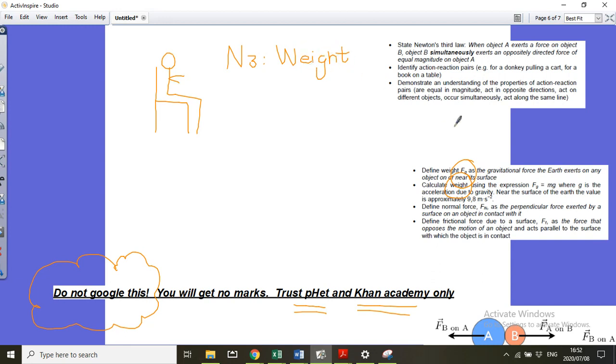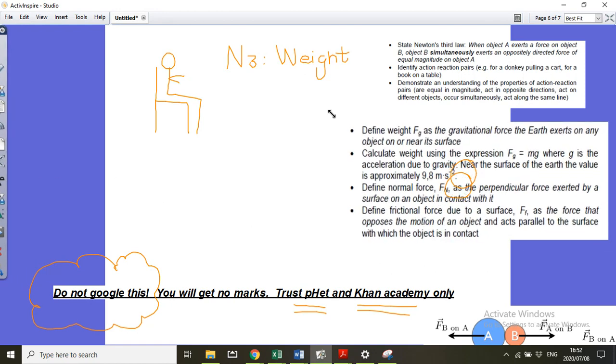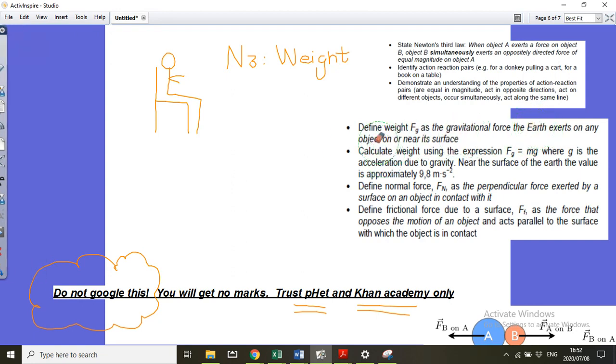So the weight, if you look at the definition here, and I think I need to make it bigger because this was a problem. If you look at the weight definition again there, the weight is the gravitational force that the Earth exerts on an object.